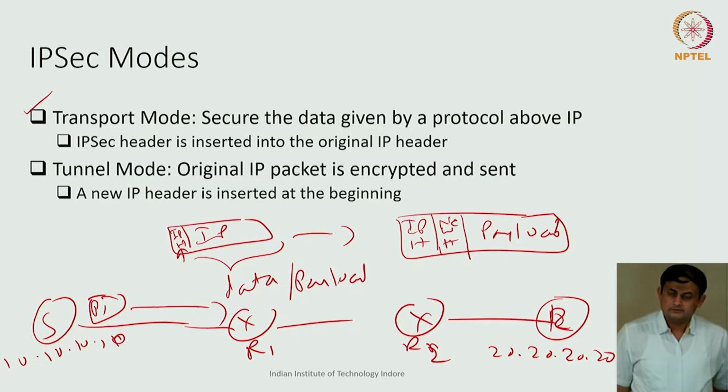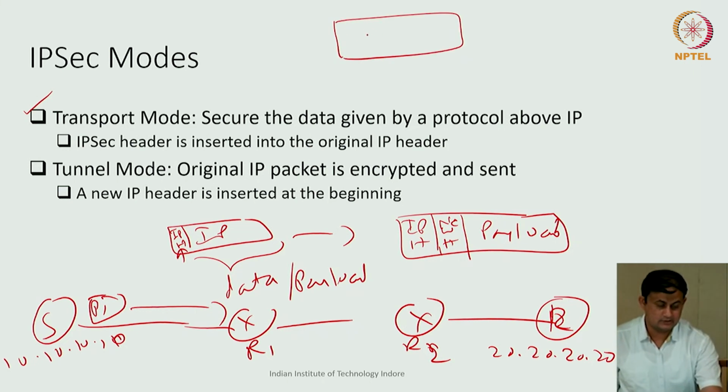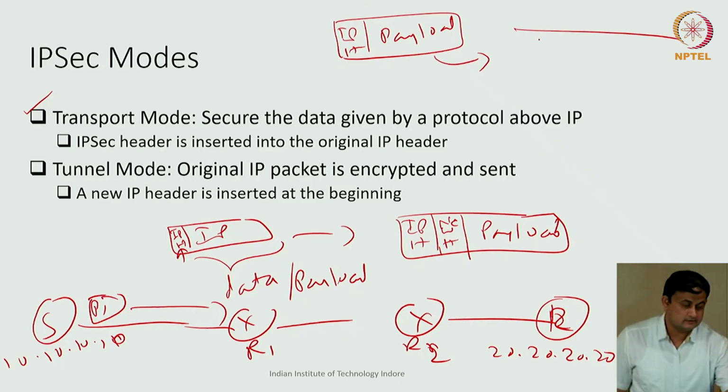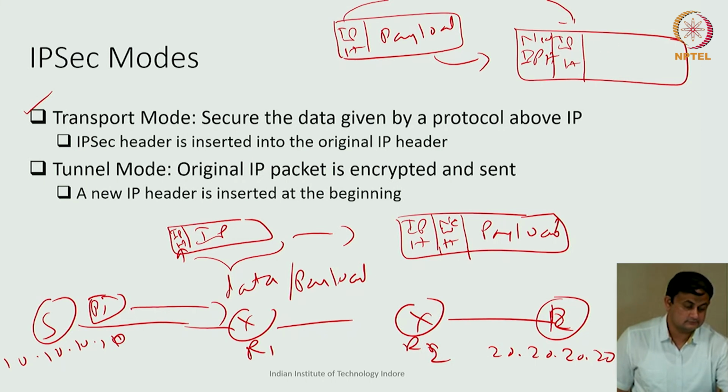On the other hand, if you use the tunnel mode, then what actually happens is the entire original IP packet, with its IP header and the payload, is encapsulated, meaning a new IP header is attached to it, and the old IP header will also be there.